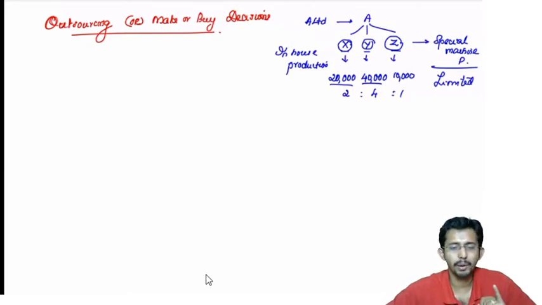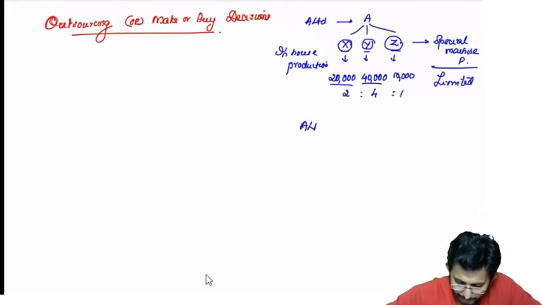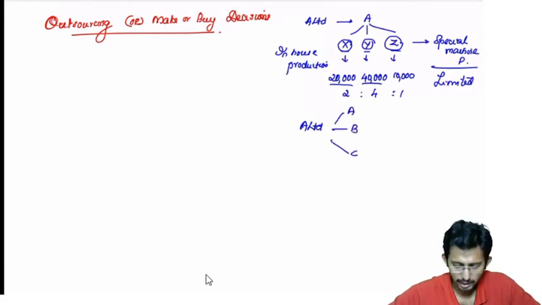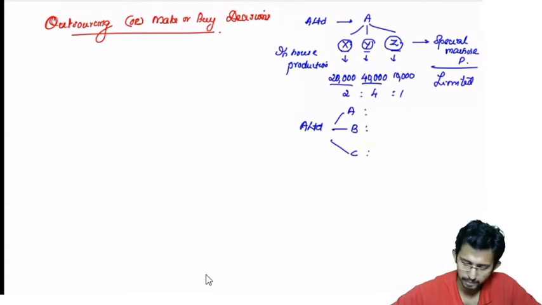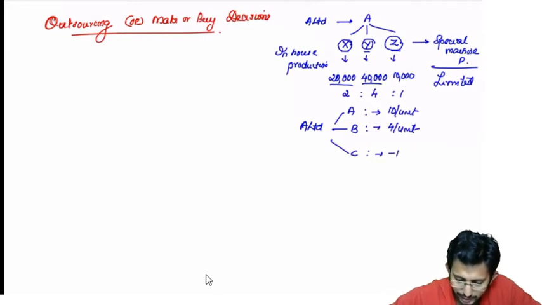That is one point. Now, there could be another situation. Same company A Limited is manufacturing three products A, B, and C. The company will have its own cost and revenue information, due to which the profit per unit or contribution of A is, let us say, 10 per unit, and that of B is rupees 4 per unit. But in the case of C, it is -1 per unit.